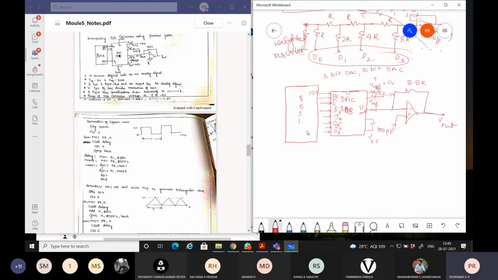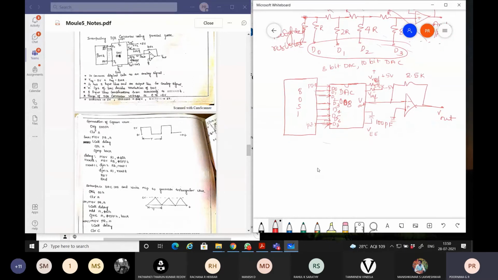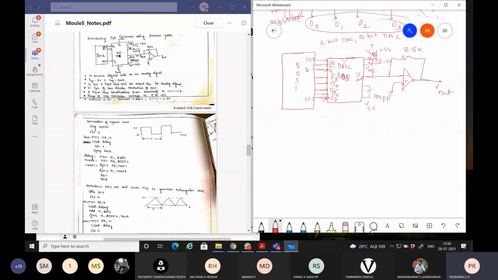So port 2.0 to port 2.7, all pins will be connected to the DAC's 8 pins, if it is an 8-bit DAC. If it is 10 bits, 2 pins of another port will be connected to that particular 10-bit DAC. But right now we have considered only the 8-bit DAC. Clear, students, how the 8051 will be interfaced to the DAC?